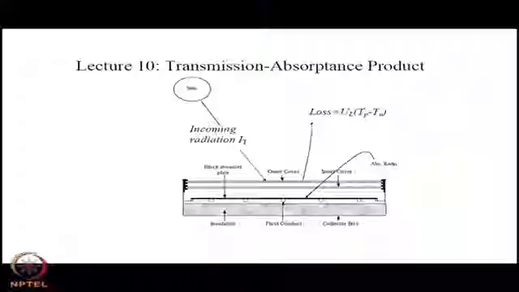Last time I gave briefly the operation of a solar collector, particularly in order that we bring out the transmittance absorptance product that would be required in calculating the performance of the solar collector.